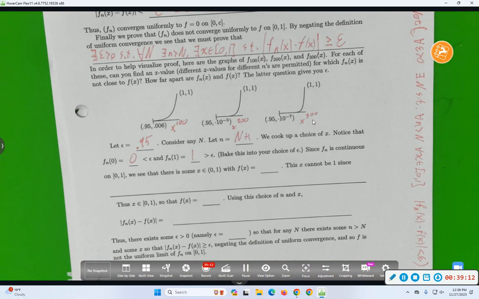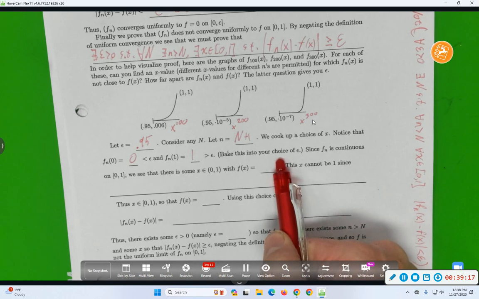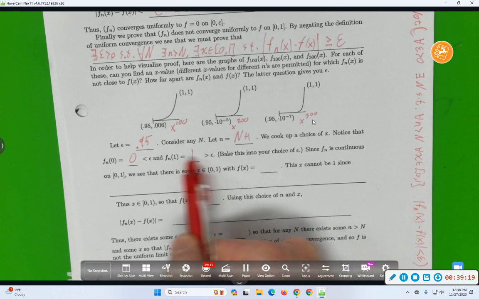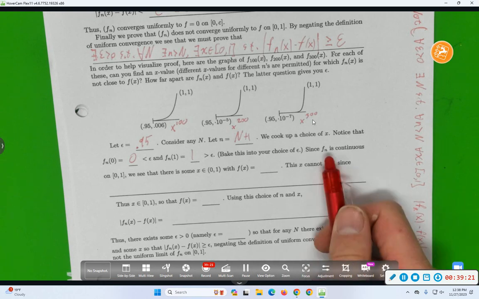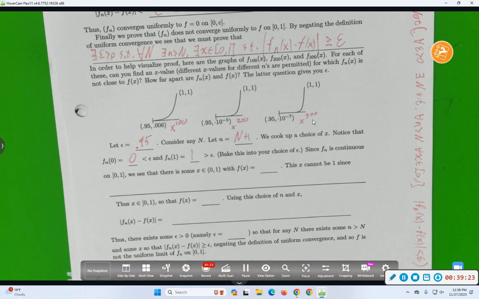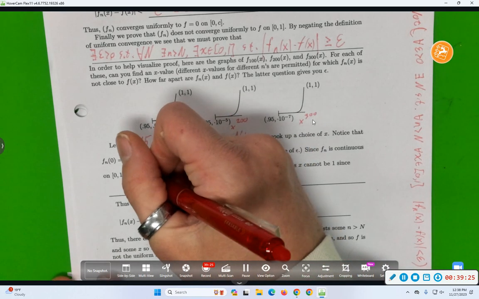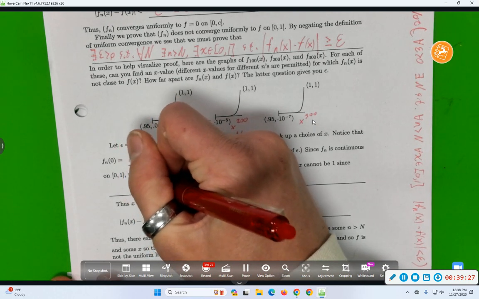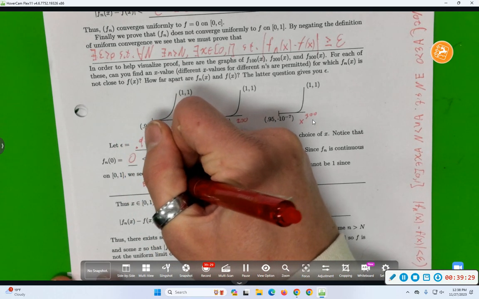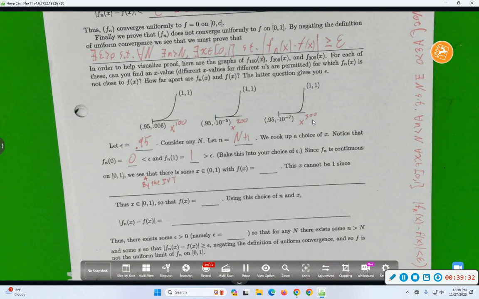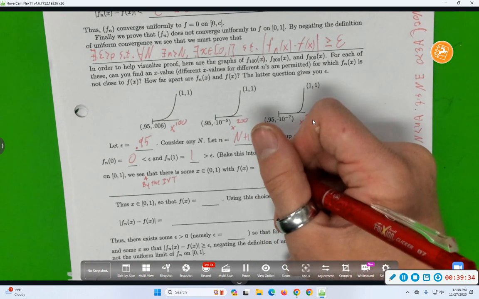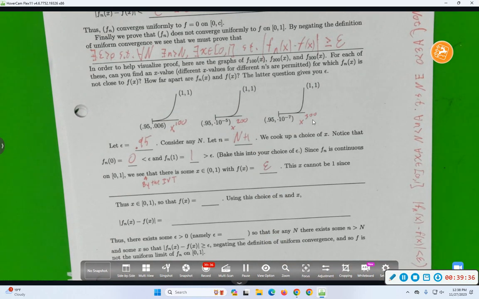That's bigger than epsilon, because 0.95 was our choice of epsilon. Since f sub n is continuous on [0, 1], we see by the intermediate value theorem that there's some x in between 0 and 1 with f_n(x) equal to epsilon.